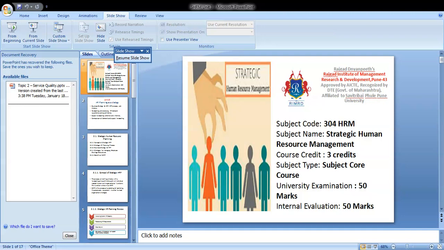Then past oriented versus future oriented. Many organizations follow traditional job analysis methods which are focused on how the jobs were performed in the past and how they are performed in the current situation. But with the change in time, organizations need to adopt future oriented job analysis methods.